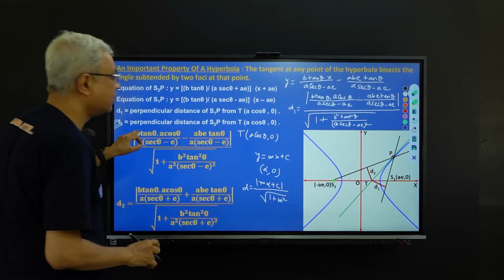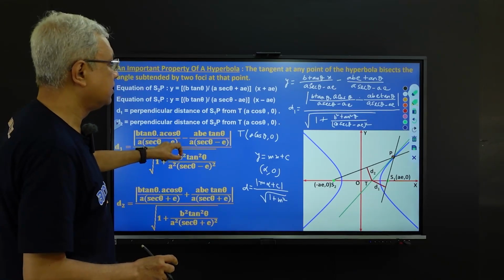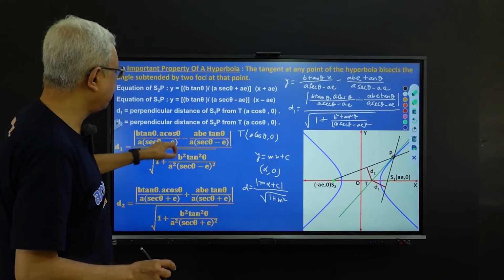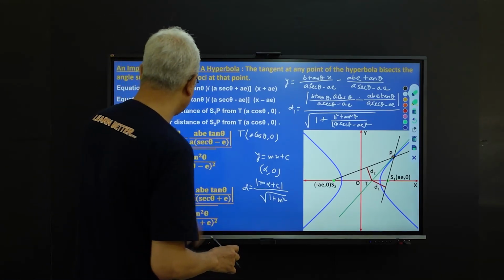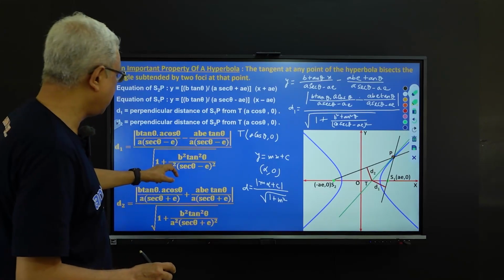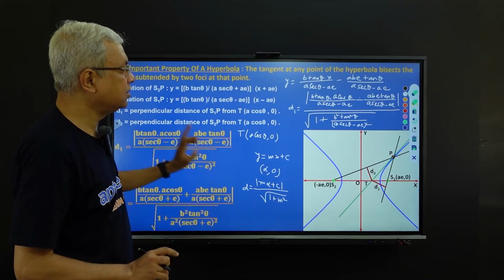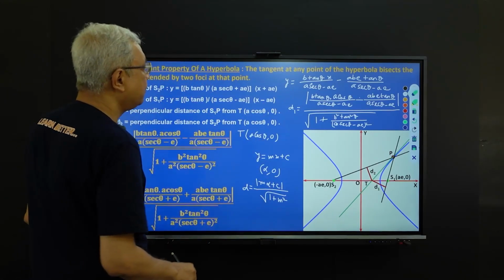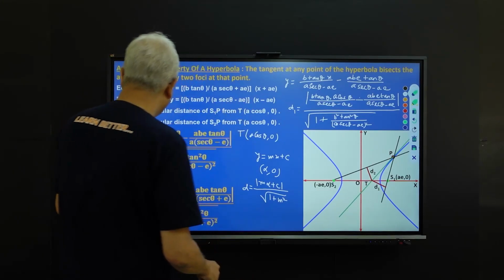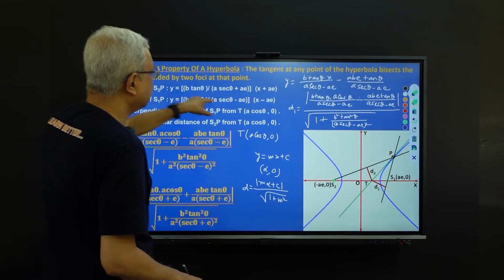So D1 is mod of b tan theta into a cos theta by a sec theta minus a, minus a b e tan theta by a sec theta minus a, divided by root of 1 plus b square tan square theta by a sec theta minus a whole square. Same thing.